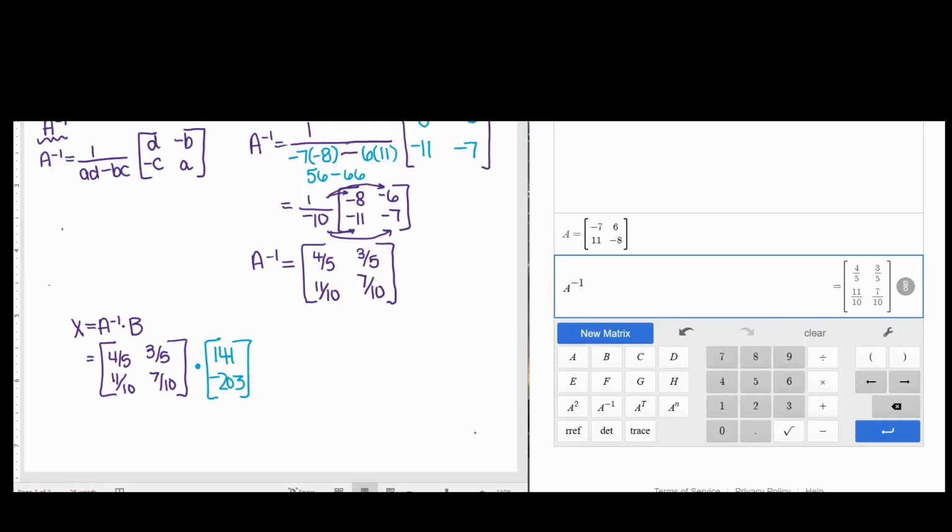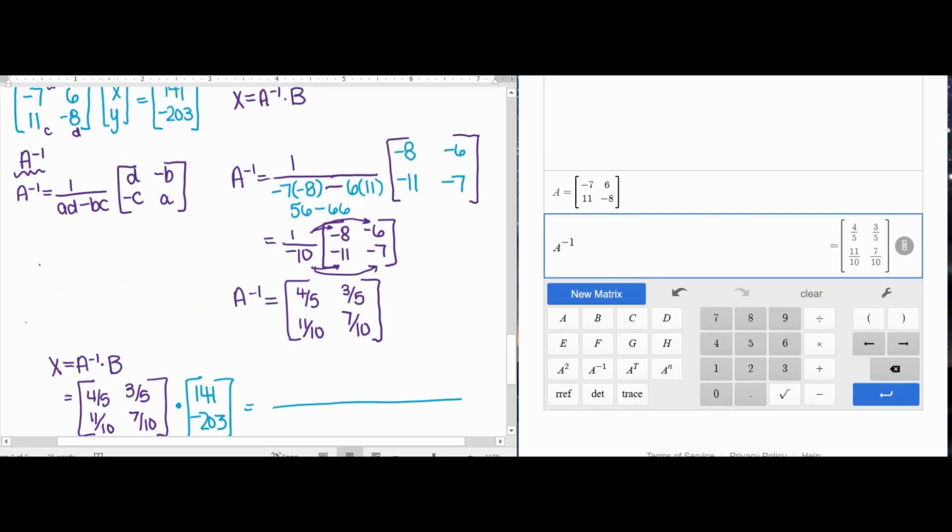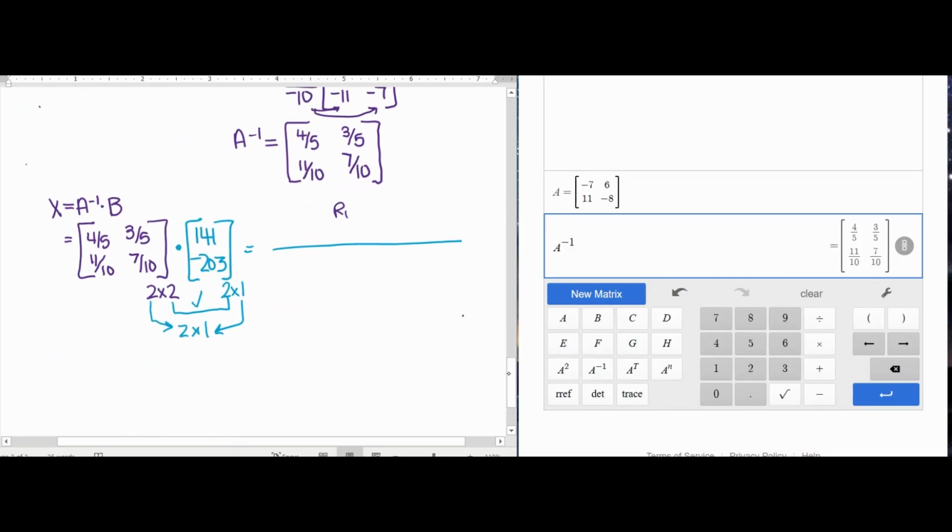We have a 2 by 2 times a 2 by 1, which means we can multiply them. We're going to wind up getting a 2 by 1 as a result, which means we're going to take row 1 times column 1.